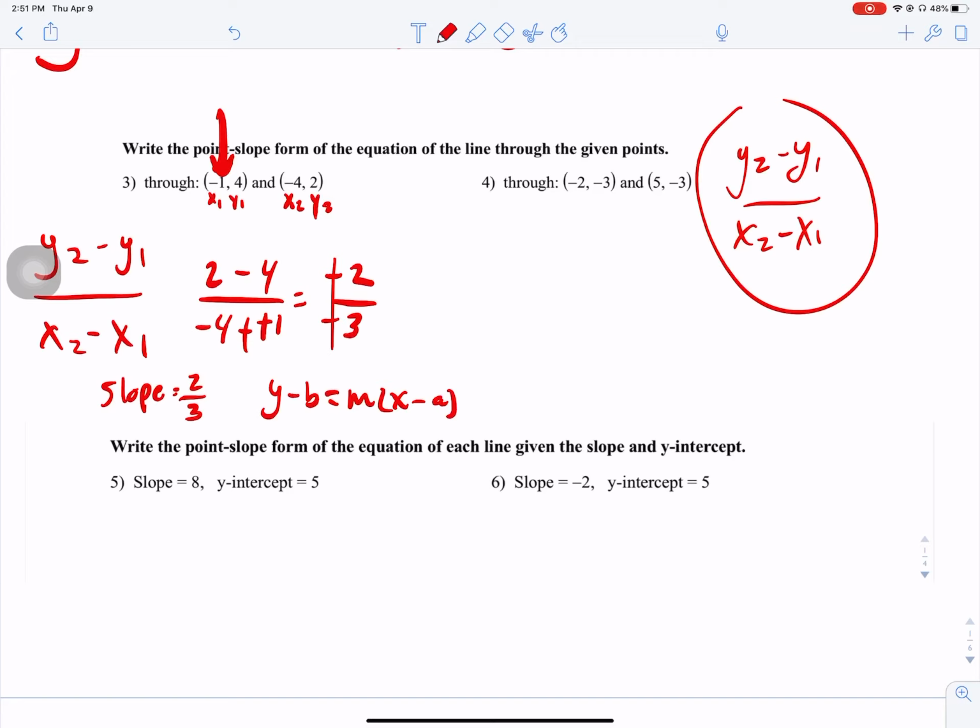And we're going to put that as y minus 4 equals 2/3 times x plus 1. So the real question is, why is it a plus 1 at the end?